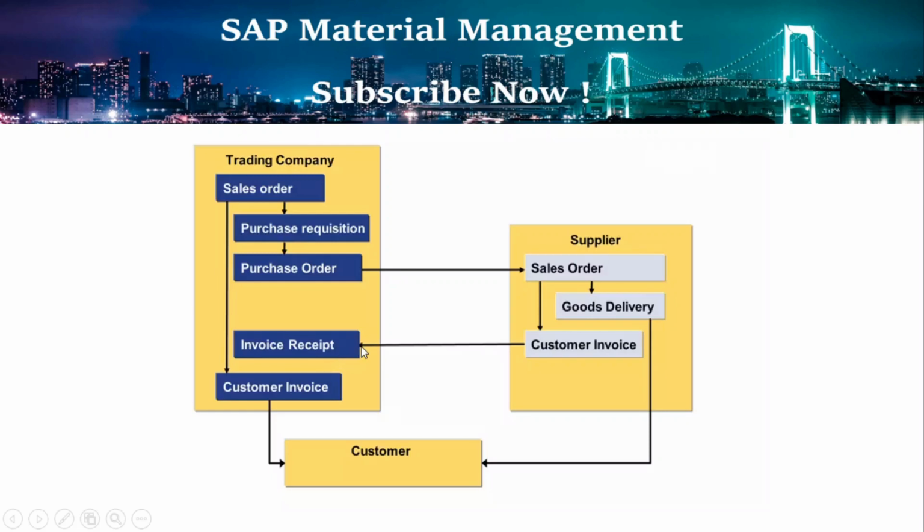The advanced shipping notification can be done manually or by EDI. And when we post the goods receipt based on the inbound delivery, we will be able to bill our customer. So we do not need to wait to post our logistics invoice verification. We will see these two processes in detail in this video.